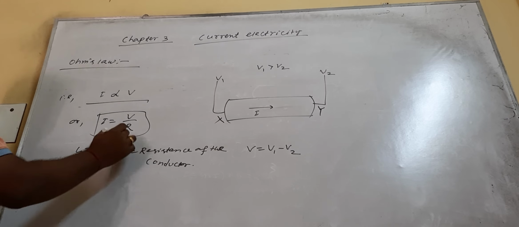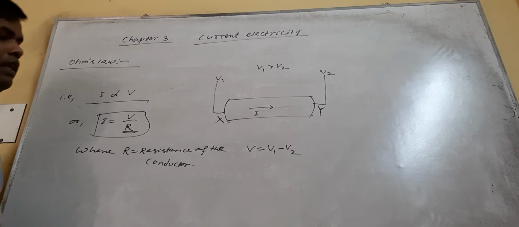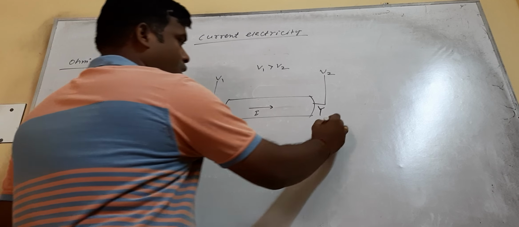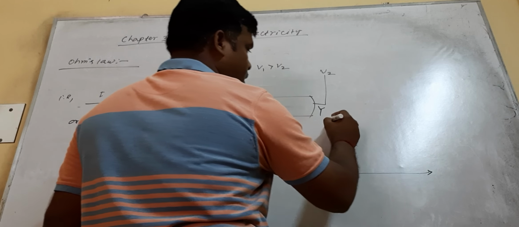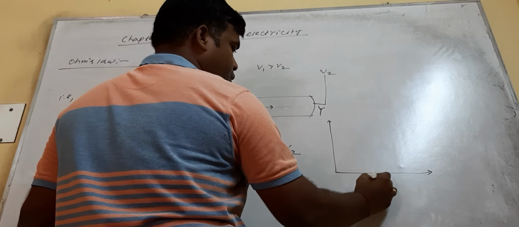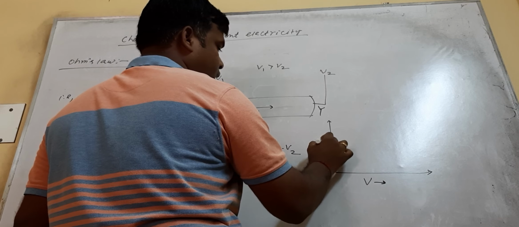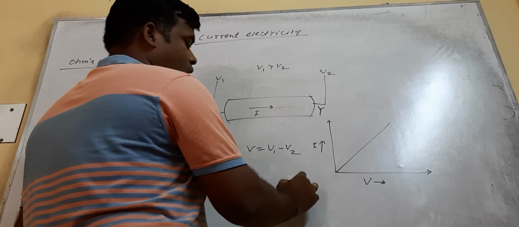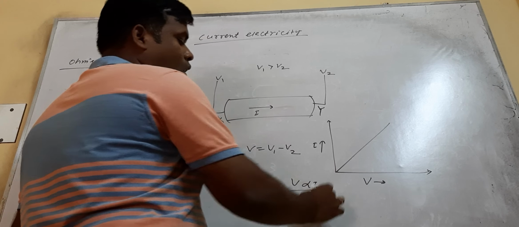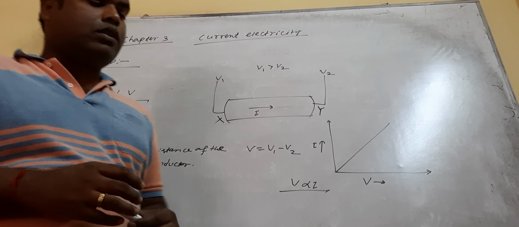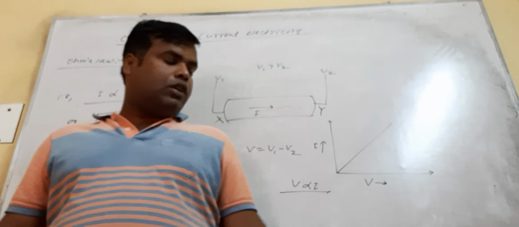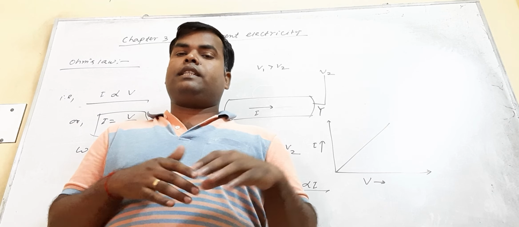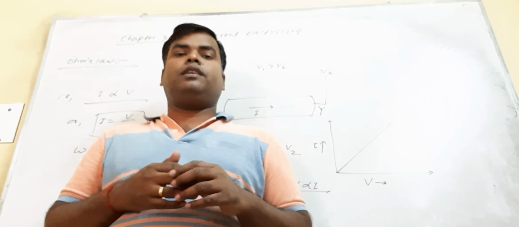The proportionality constant R is called the resistance of the conductor. If we draw the graph between potential difference versus current, the graph will be a straight line, as V is proportional to I, or I is directly proportional to V. That is all about your Ohm's law. Next we will discuss resistance.